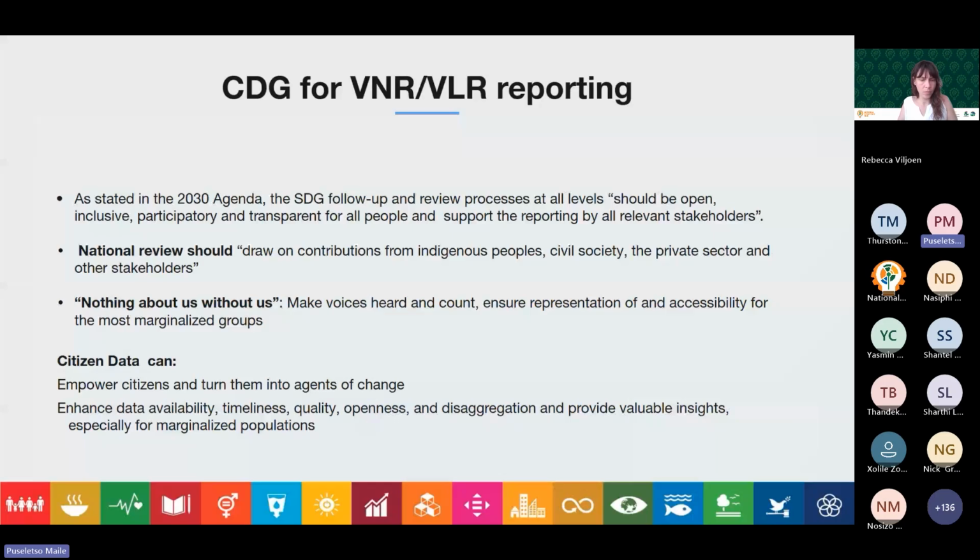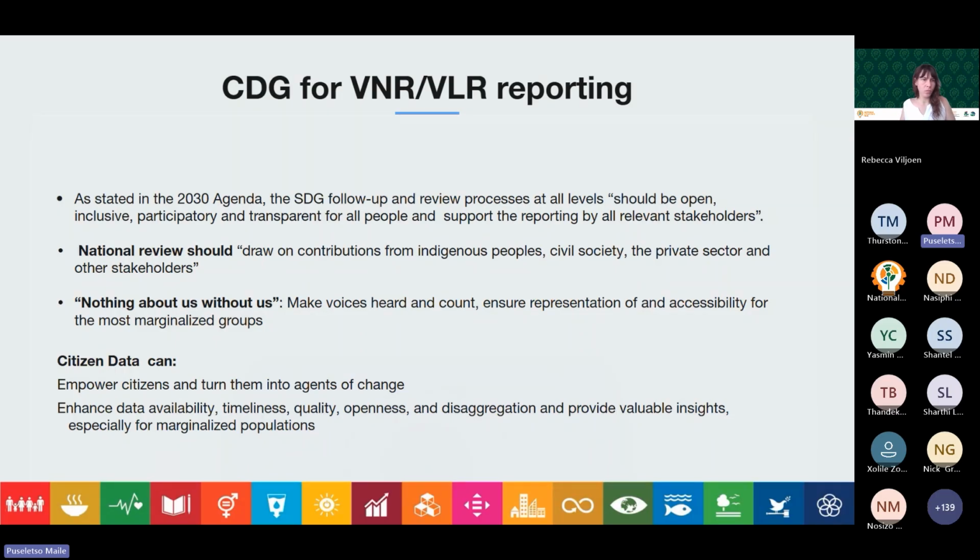The Agenda 2030 indicates that the SDG follow-up and review processes at all levels should be open, inclusive, participatory, and transparent for all people, and support the reporting by all relevant stakeholders. It also indicates that the national review processes should draw on contributions from indigenous people, civil society, the private sector, and other stakeholders.